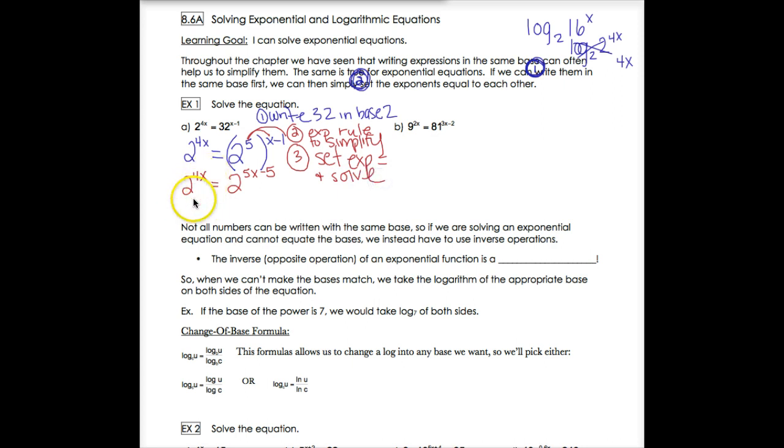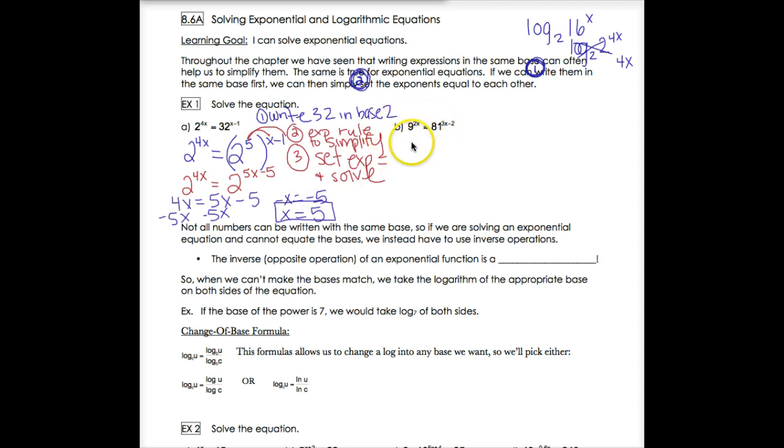So I drop the bases, so the 2's just disappear. And I've got 4x equals 5x minus 5. Very simple equation to solve. Get all my x's on one side, so subtract the 5x. So negative x equals negative 5, which means x equals 5. And there is our answer.